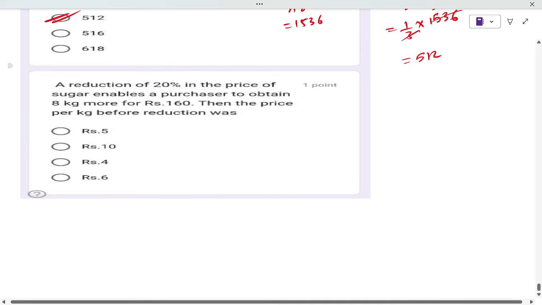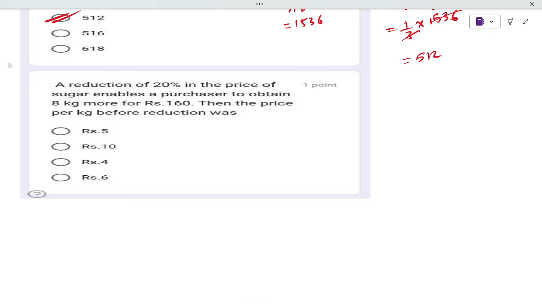Okay, next one. A reduction of 20% in the price of sugar enables a purchaser to obtain 8 kg more for rupees 160. Then the price per kg before reduction was. So here the price is reduced by 20%.